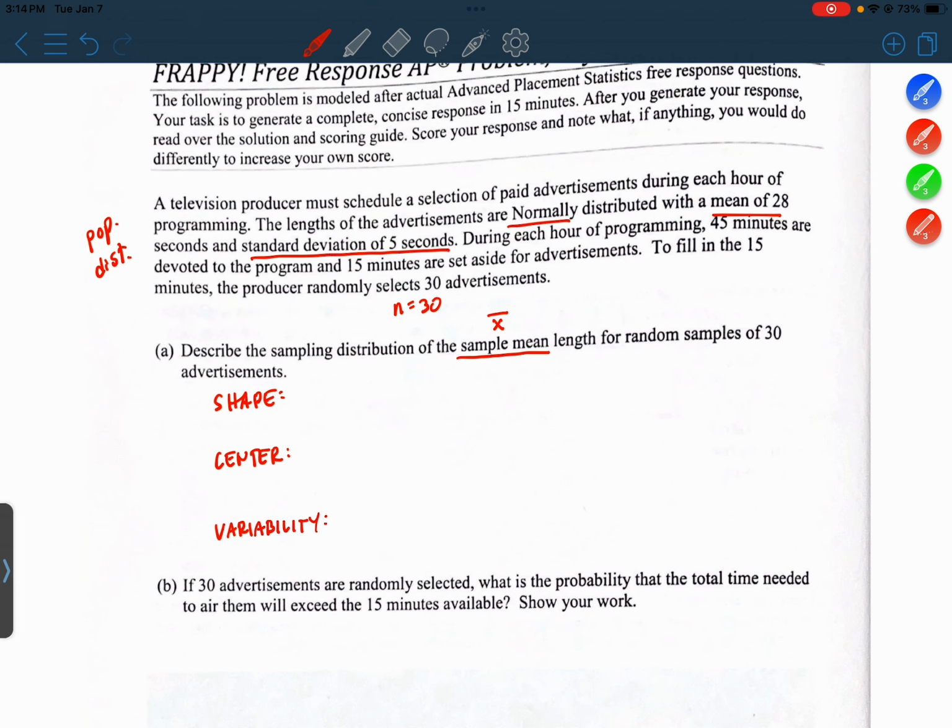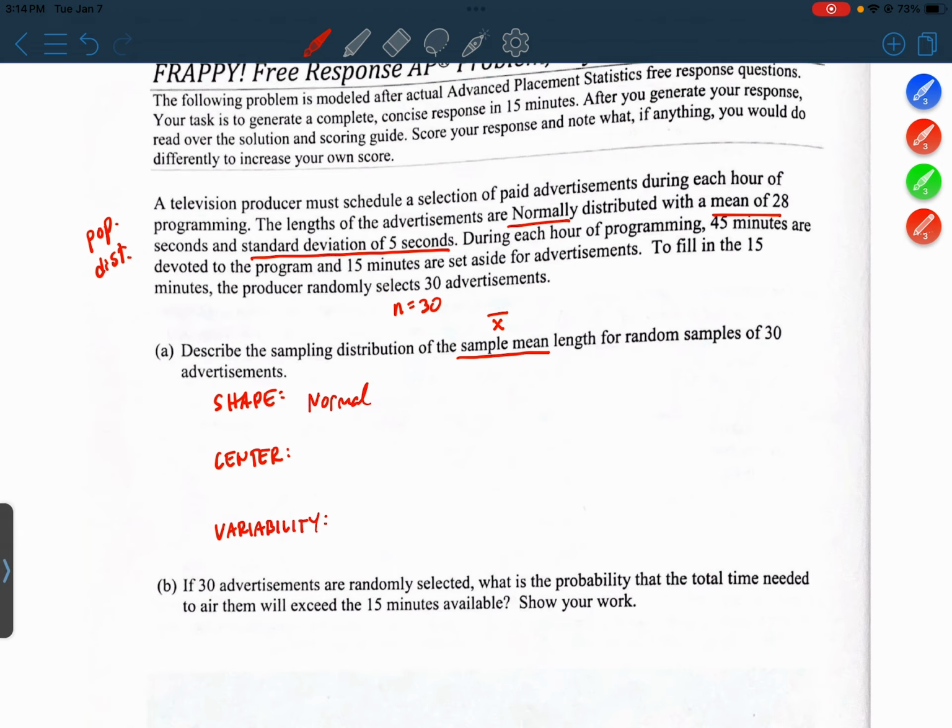All right, now the shape part is easy, right? Since the population is normally distributed, the shape will be normally distributed as well. Okay. We could also say that because the sample size is sufficiently large, the shape will be normal because of the central limit theorem.